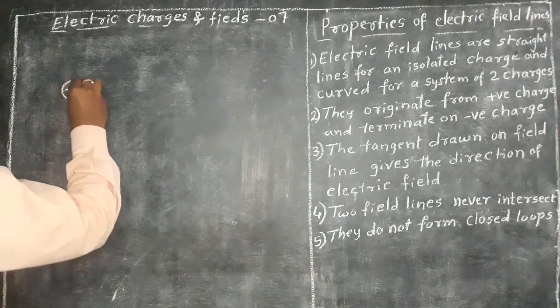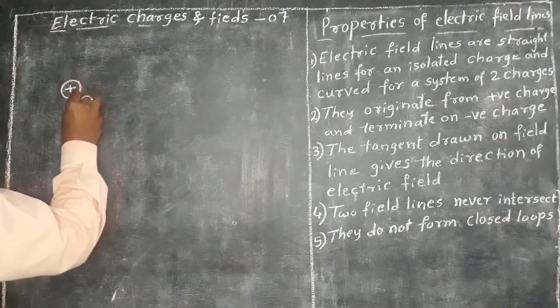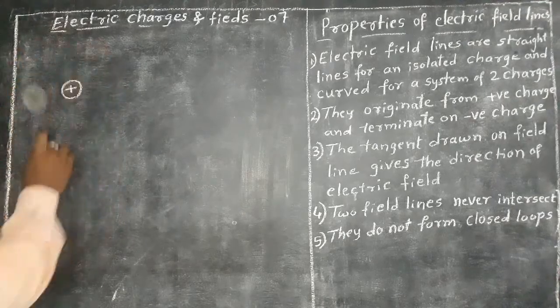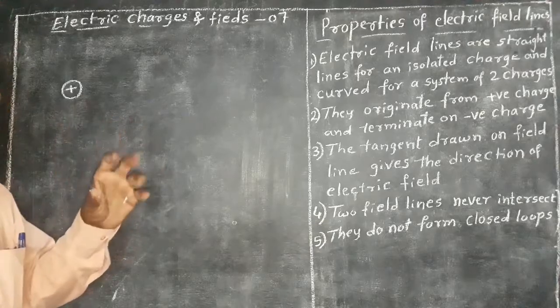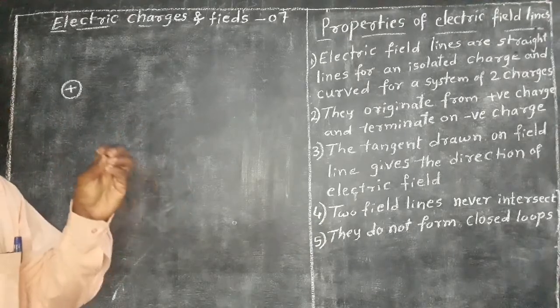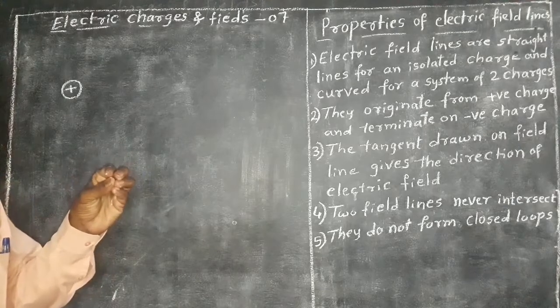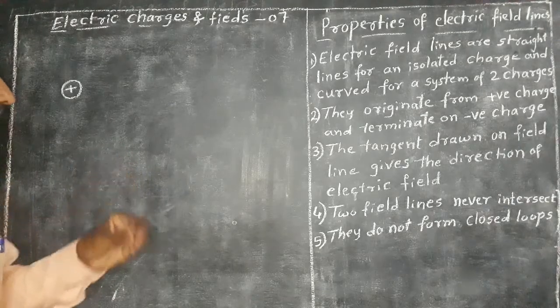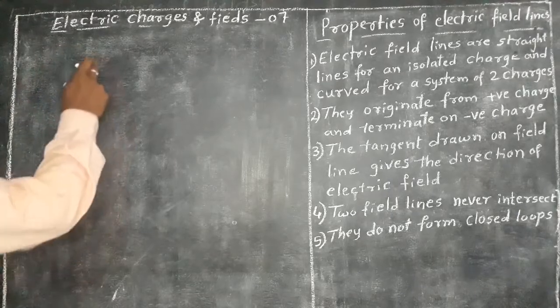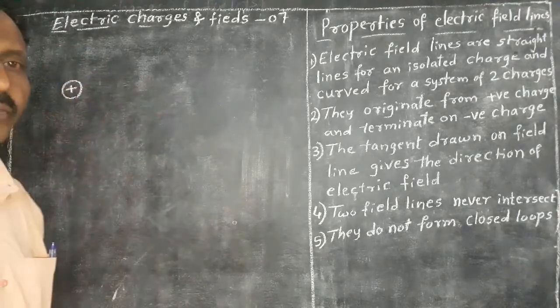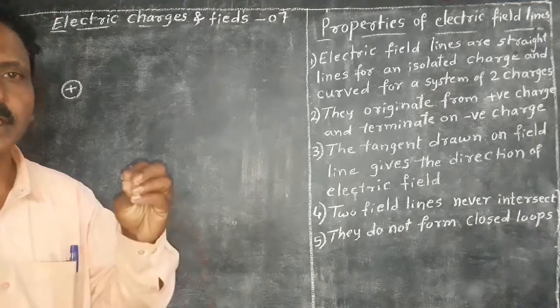It produces an electrical environment around it, in which a test charge or other charge experiences force, and this is called electric field. Therefore, the space surrounding a charge in which another charge experiences a force is called electric field.